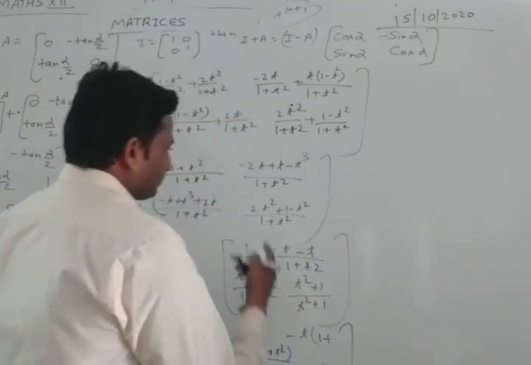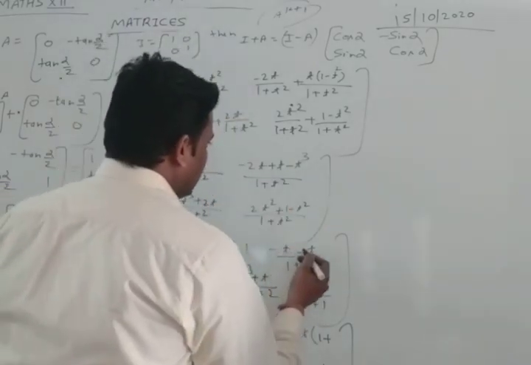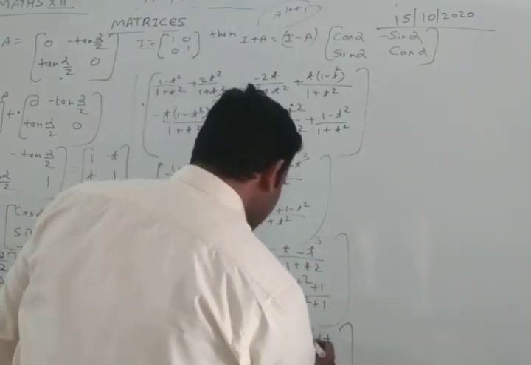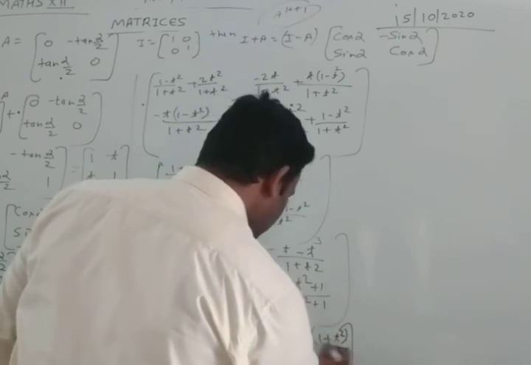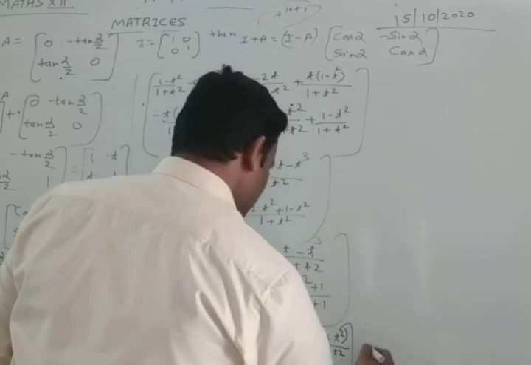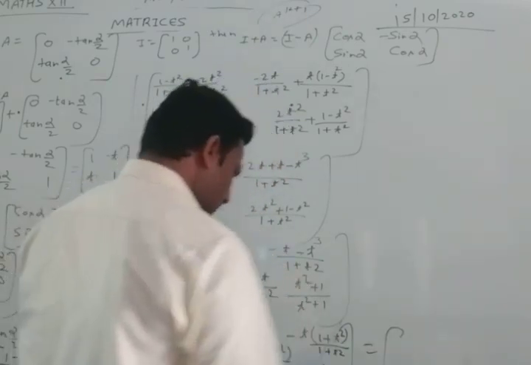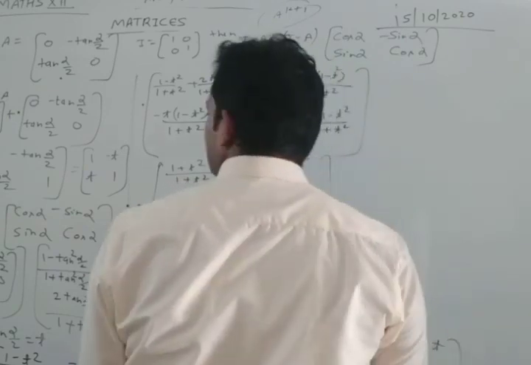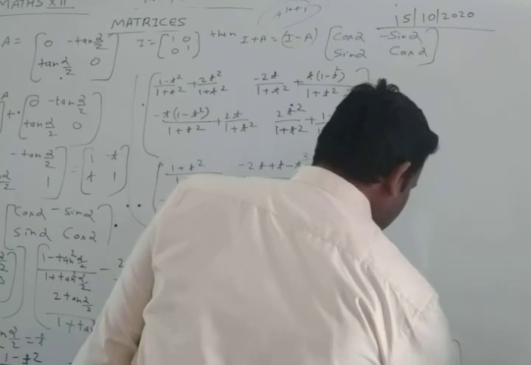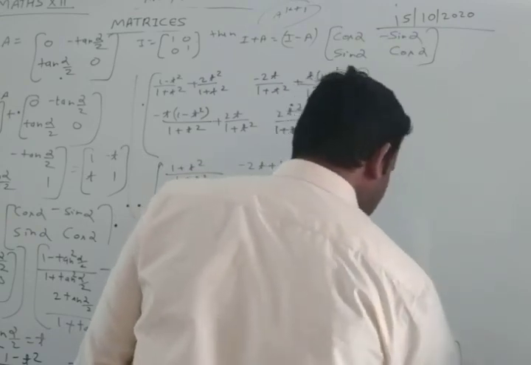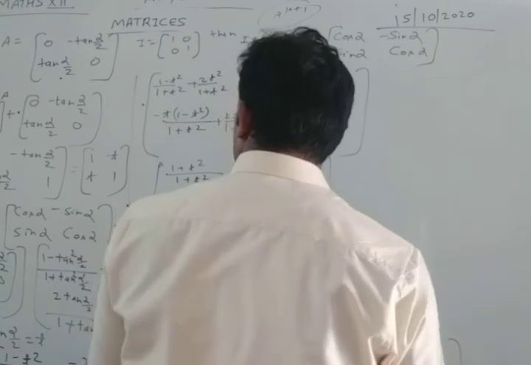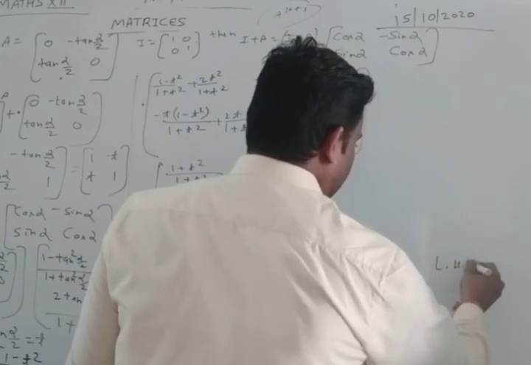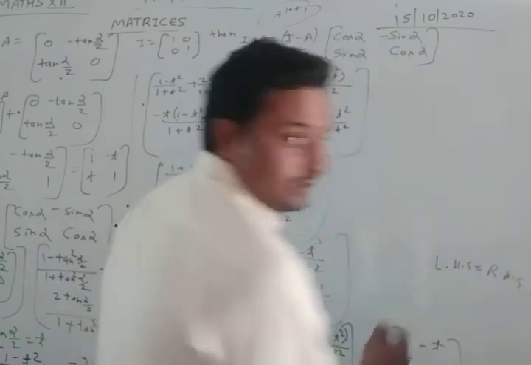So now solving this, minus t and minus t cube. Now taking minus t common, 1 plus t square by 1 plus t square. So after cancellation of both, we get 1 minus t and 1, which is our left hand side. Okay. So left hand side is equal to right hand side.